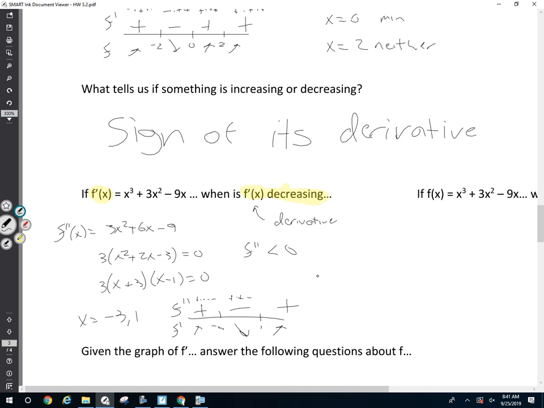F prime is decreasing on the interval from negative 3 to 1 because f double prime is negative. Okay? This is just getting you to understand that sometimes we won't just want f prime. Sometimes we want to figure out if f prime is decreasing. We'll talk more about that next class.